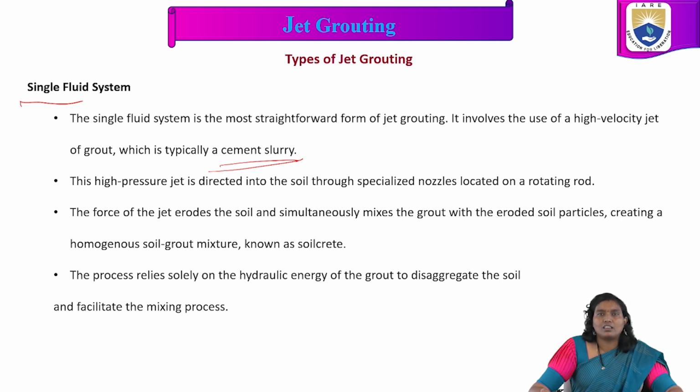Jet grouting works at high pressures. This high pressure jet is directed into the soil through specialized nozzles located on a rotating rod. The force of the jet erodes the soil and simultaneously mixes the grout with the eroded soil particles, creating a homogeneous soil grout mixture known as soilcrete.